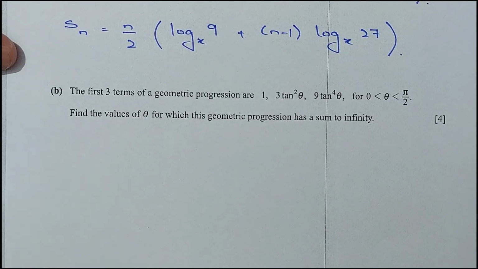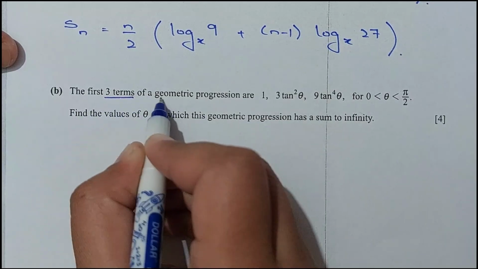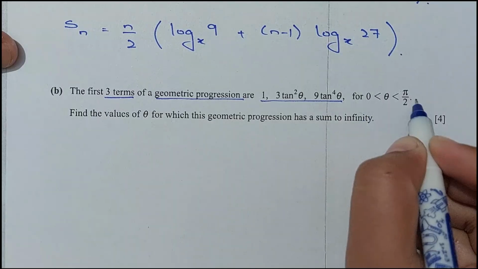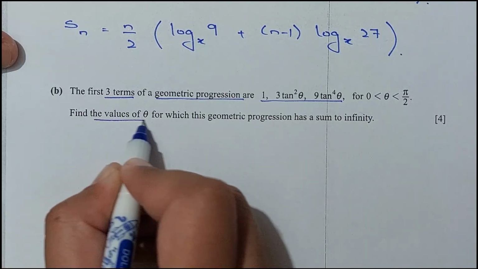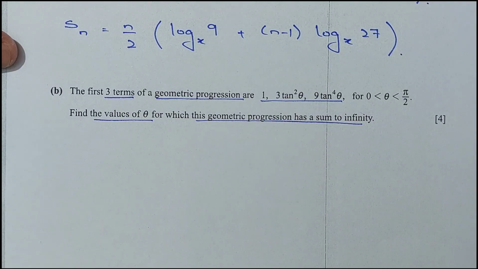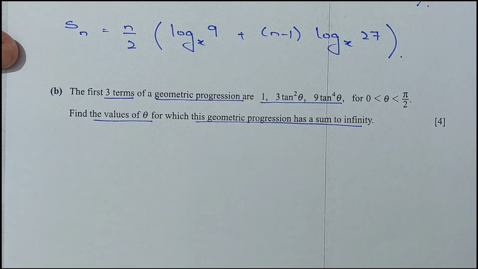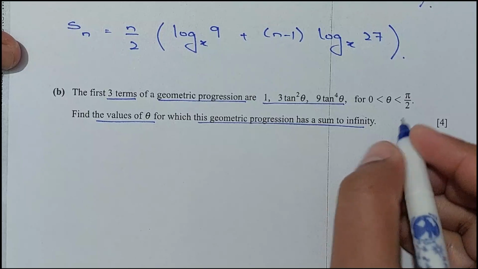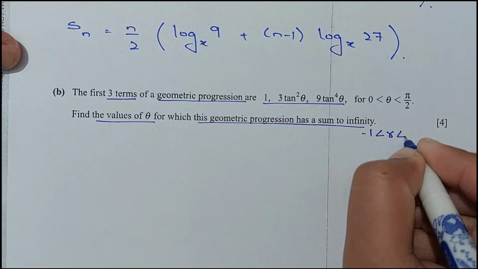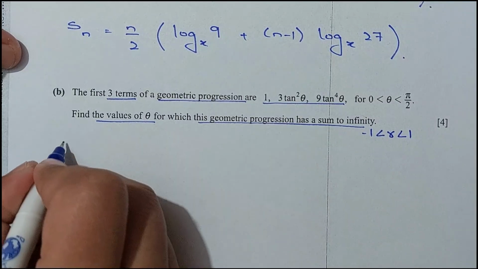All right, now for part B, the first three terms in the geometric progression are given, where theta is between 0 and pi by 2. Find the values of theta for which this geometric progression has a sum to infinity. Okay, the geometric progression has a sum to infinity when the common ratio is between 1 and minus 1. Let me solve for the common ratio.